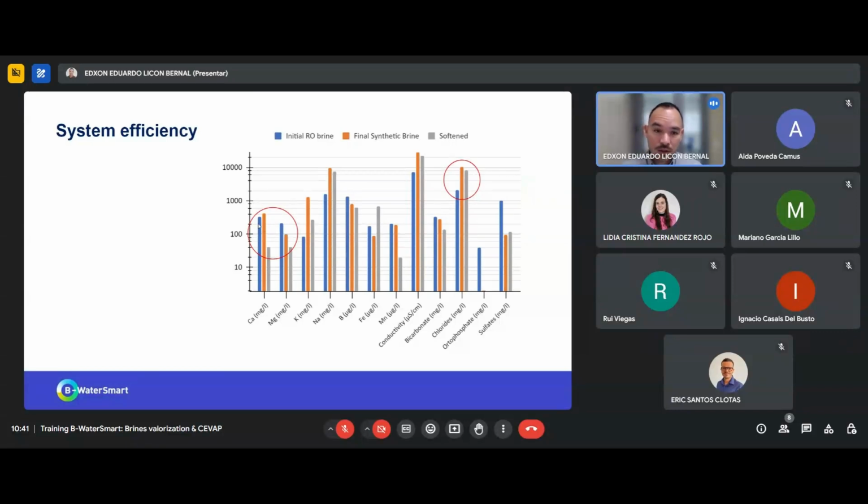So we can see that there is a concentration in the electrodialysis side for the calcium, a slight reduction in the magnesium, but then after the softener, there is a one order of magnitude reduction in the concentration of this hardness.